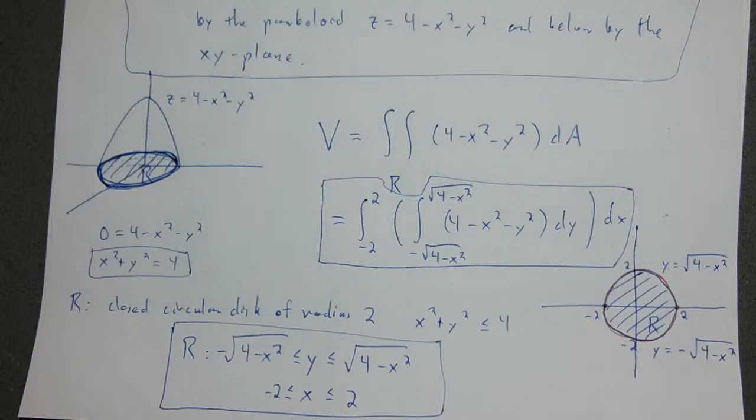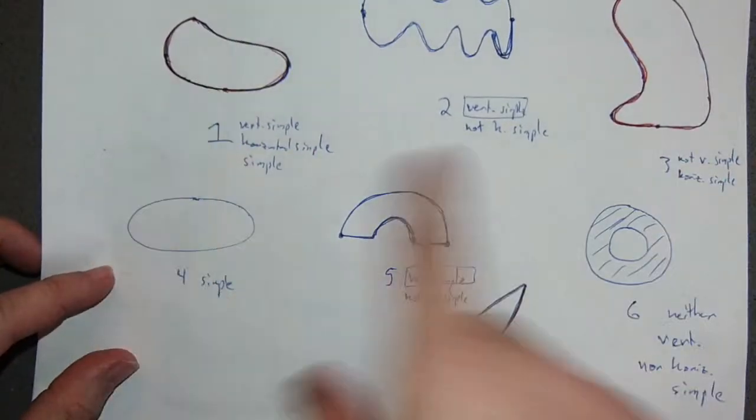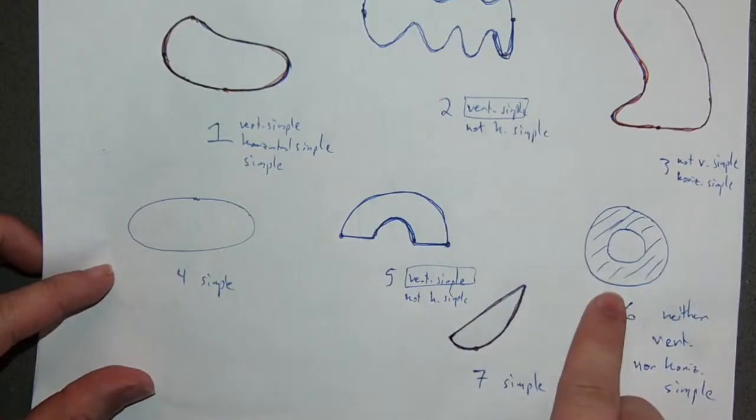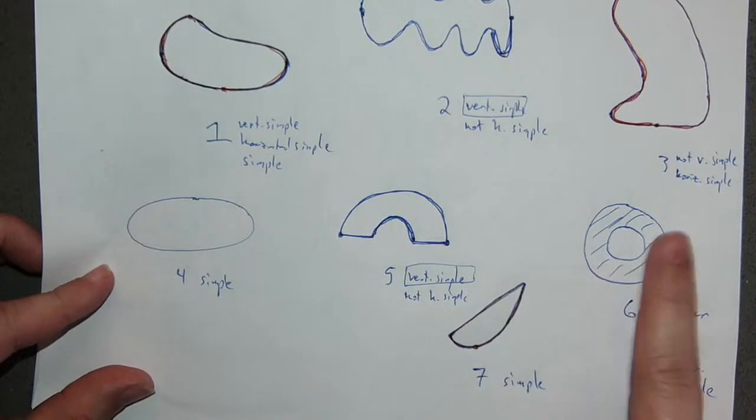And now you can put 2 and 2 together. I told you that I had lied to you just a little bit before when I gave you examples of regions. I said we were only going to be able to do integration over regions that were either vertically or horizontally simple. But then I pointed out, here's a region that's neither vertically nor horizontally simple.